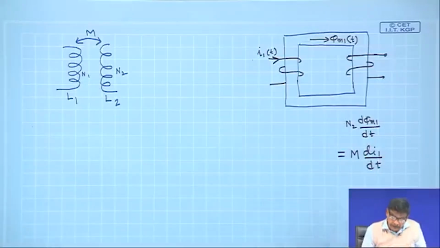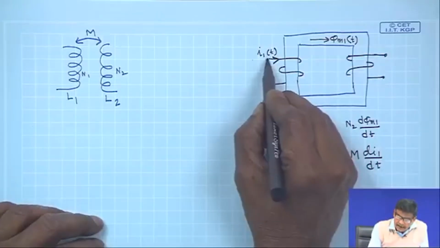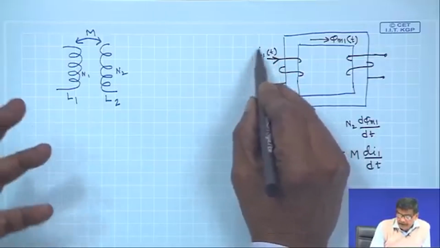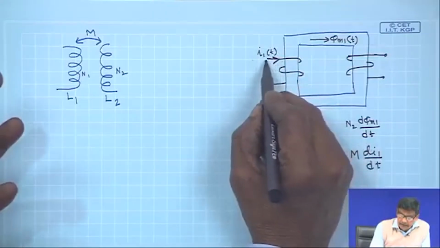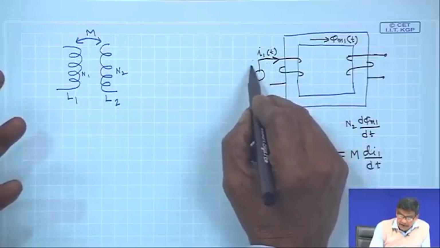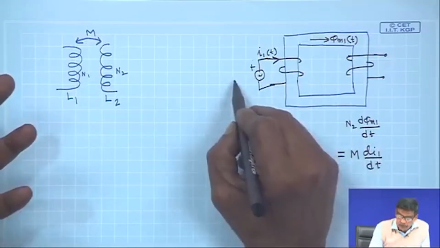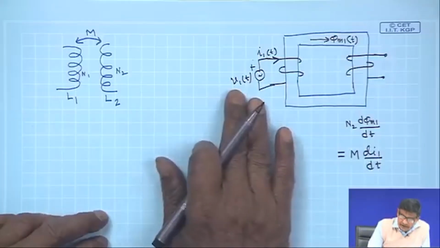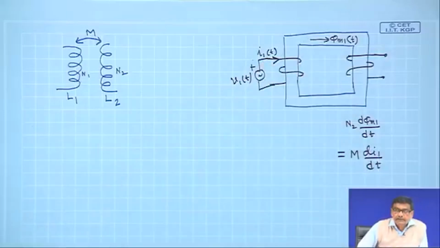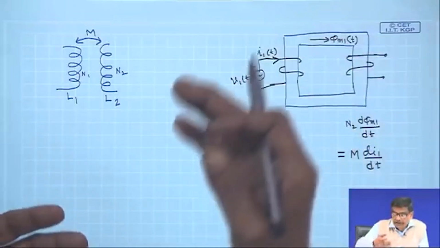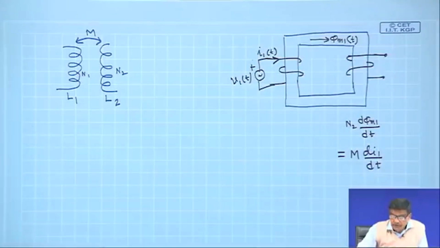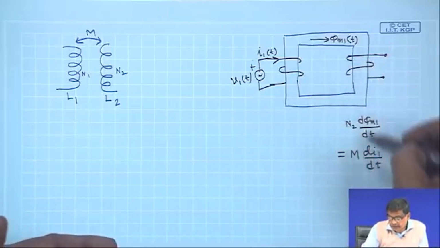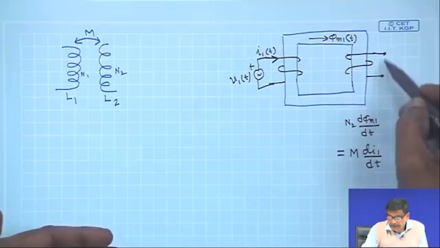Now, how can this current be made time varying? It can be made time varying provided you connect a time varying source V1(t) on the primary side. If V1(t) is time varying, I1(t) in turn will be time varying. If I1(t) is time varying, phi M1 will be time varying, and if the mutual flux is time varying, there will be an induced voltage across the second coil.